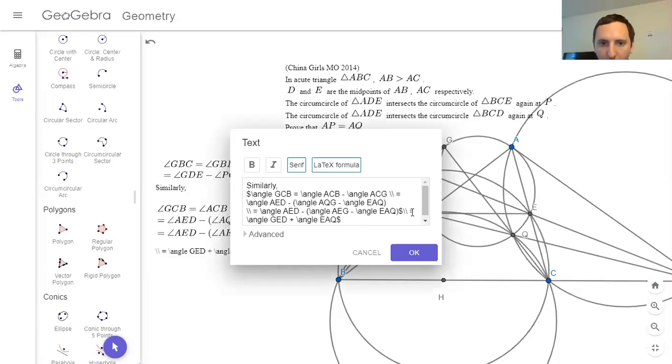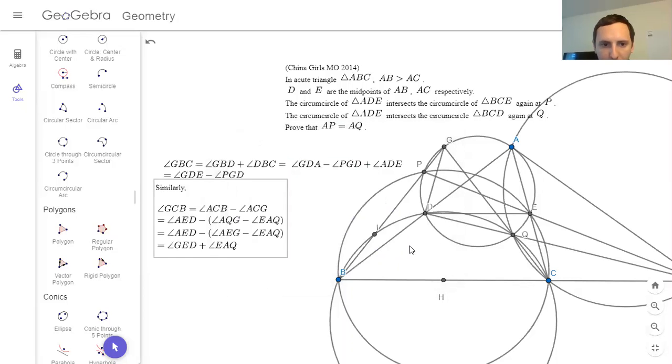Okay, so we want to show these are equal. So GDE is equal to GED plus E. GED is arc GD plus this arc, GE.